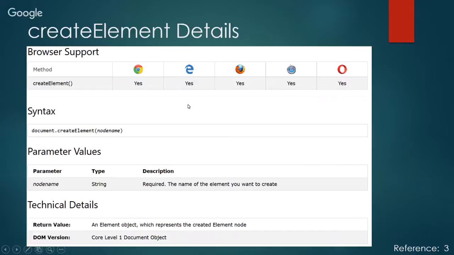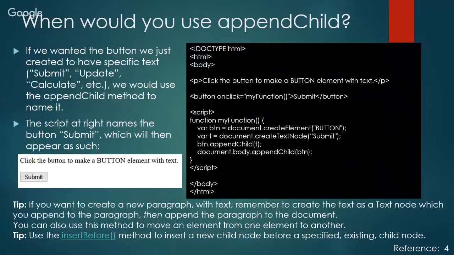Like I said, using appendChild, this is if we wanted to name that button something specific. We've talked about maybe having buttons on our app for a beginner, intermediate, and expert reading level at the top. I did a basic script sample here for making a submit button, but we could easily change that to be beginner, and then the user would select one of these buttons. So if we want the button to have text, then we'll use appendChild.